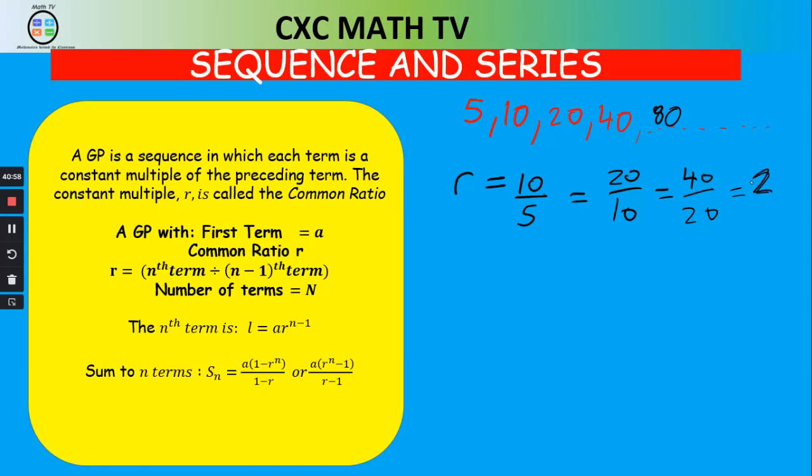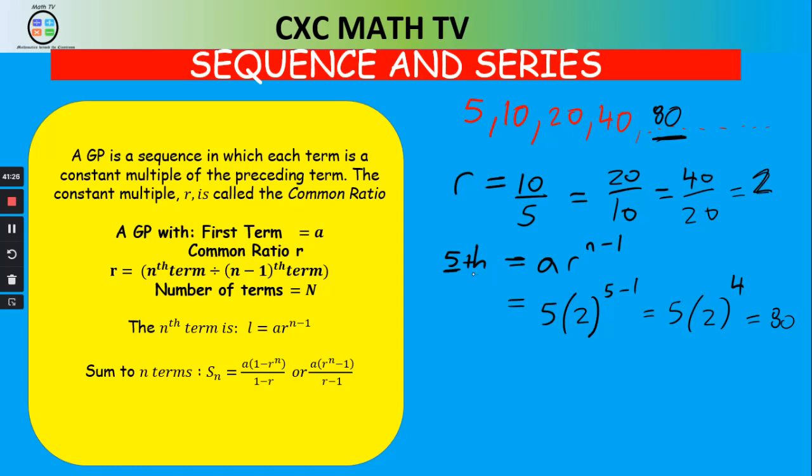Now, once you get 2, really and truly what you actually did was say the fifth term equals ar to the n minus 1, but the first term a is 5, r is 2, and n is 5. So 5 minus 1. So this is 5 in bracket 2 to the 4th power, which is 16, and 16 fives is 80.